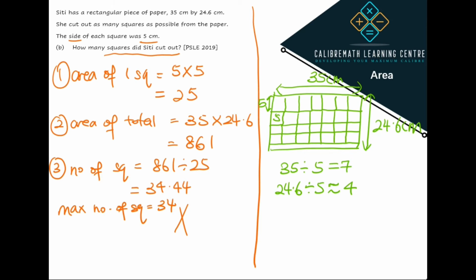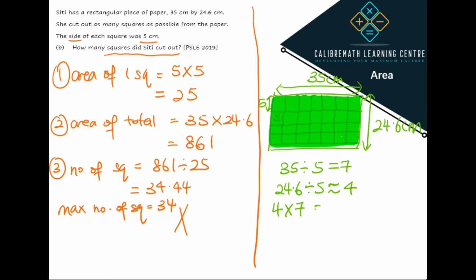Those on top, which I'm going to highlight in green, are the squares that CT has managed to cut out. Since we can see it is 4 groups of 7, we can find the total number of squares by using 4 multiplied by 7, which gives us an answer of 28. So 28 is the correct answer.